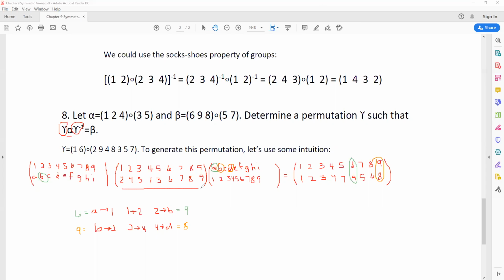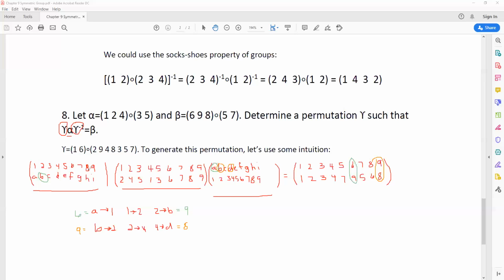So here's alpha. And notice that for gamma, I let the top row be the numbers 1 through 9, and the bottom row corresponding letters of the alphabet A through I. But since gamma inverse is on the right side, I just flip the rows and columns.